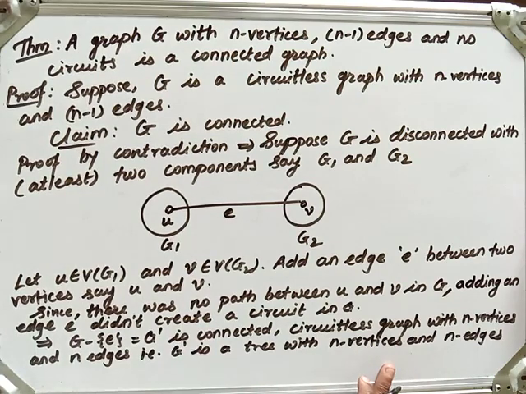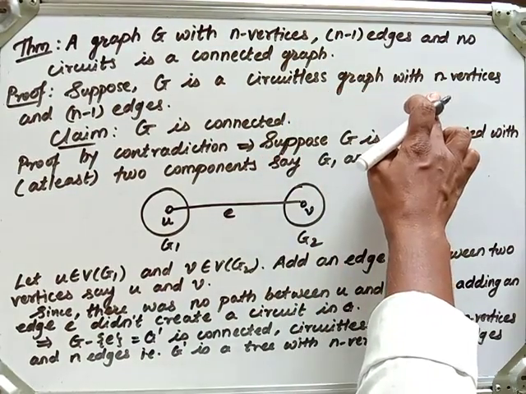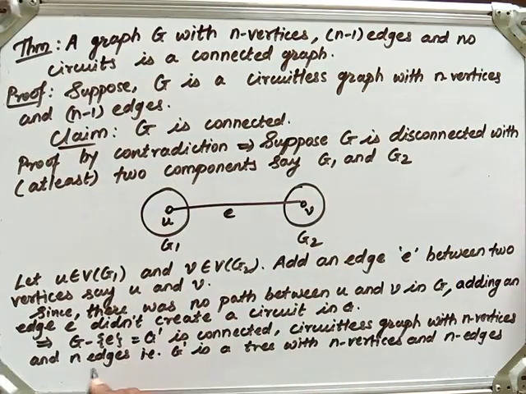To whom? It is a contradiction that it won't be a tree with n vertices and n edges. If it is a tree, then it will have n vertices and n minus 1 edges, right? So it is a contradiction.